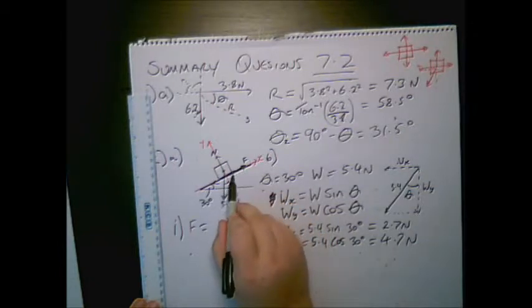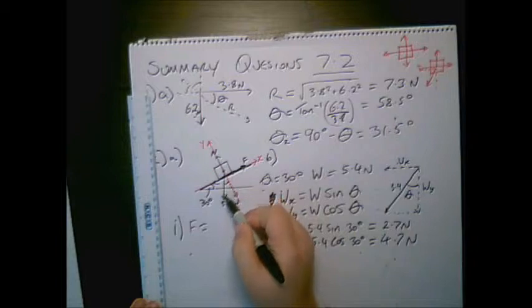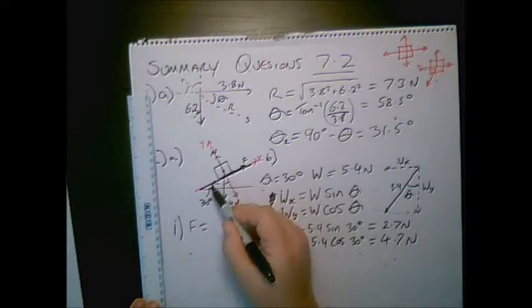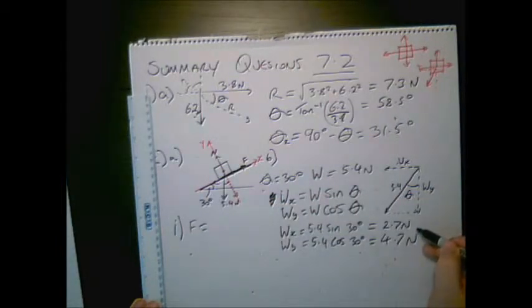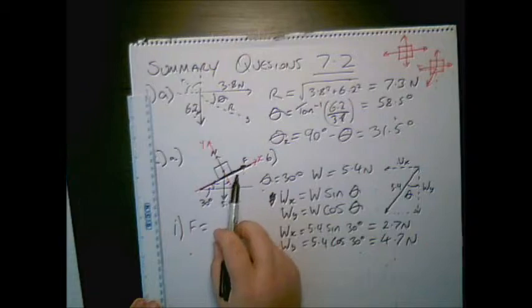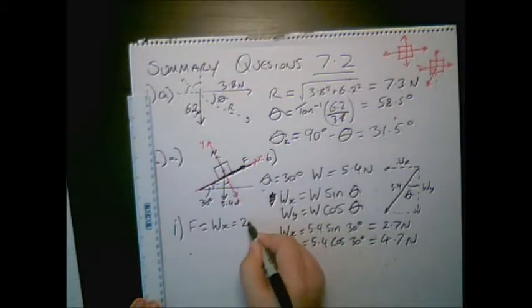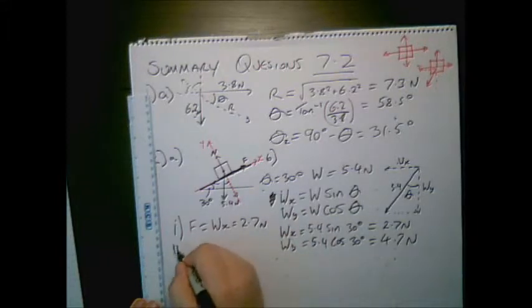Well, we've got friction in this direction, and we've got the component of the weight in this direction, which we've calculated to be 2.7. There are no other forces in the x direction, which means if this is an equilibrium, the friction must be balanced against this, which means F is equal to Wx, which is 2.7 newtons.